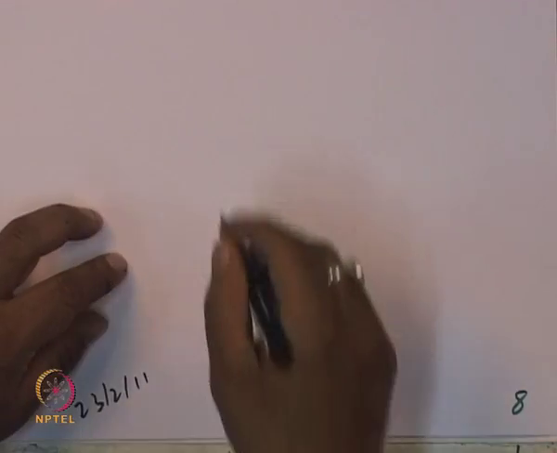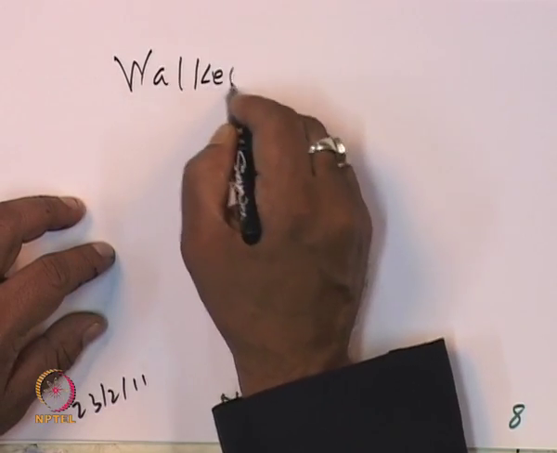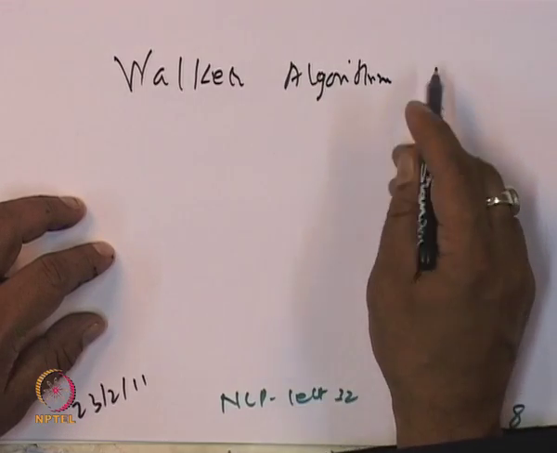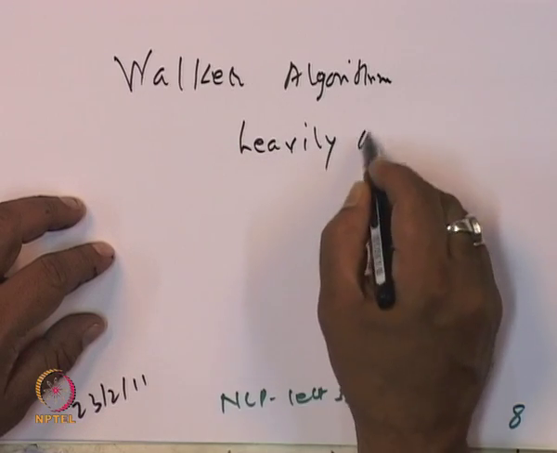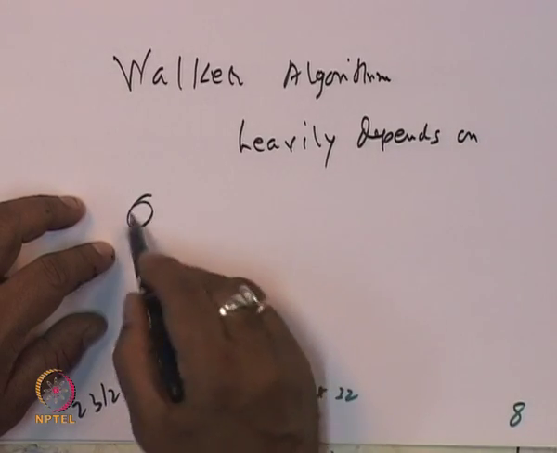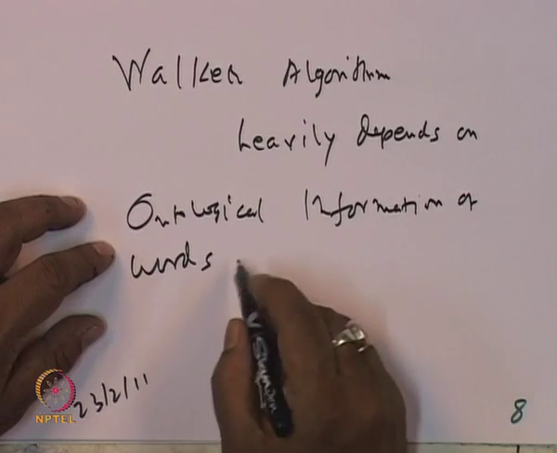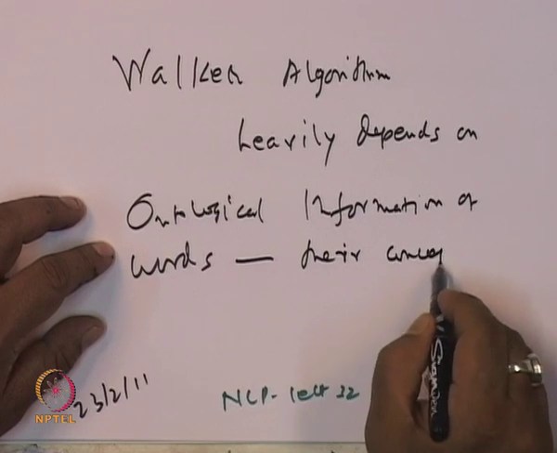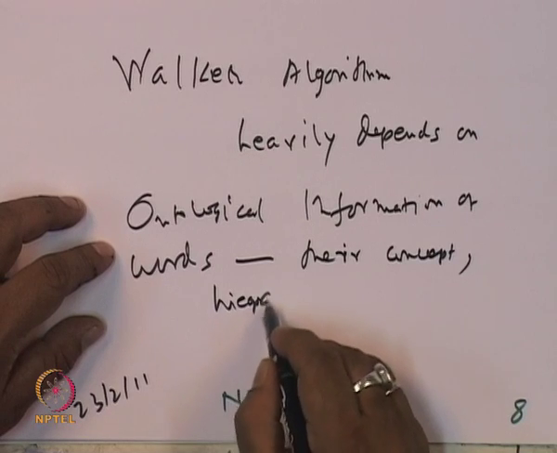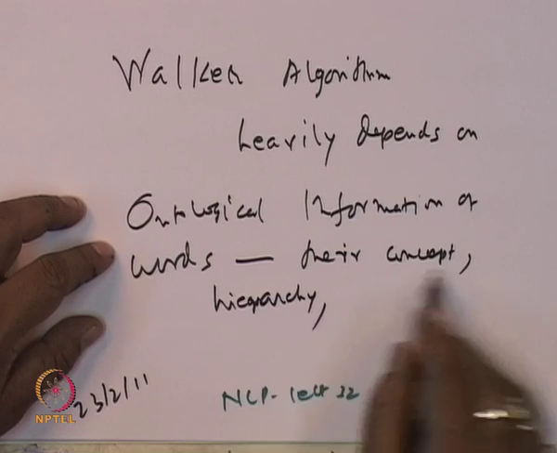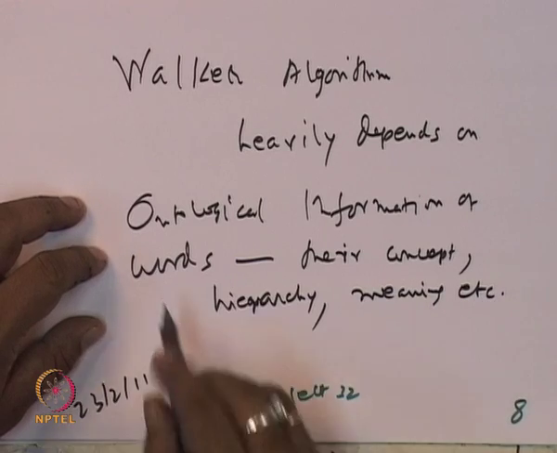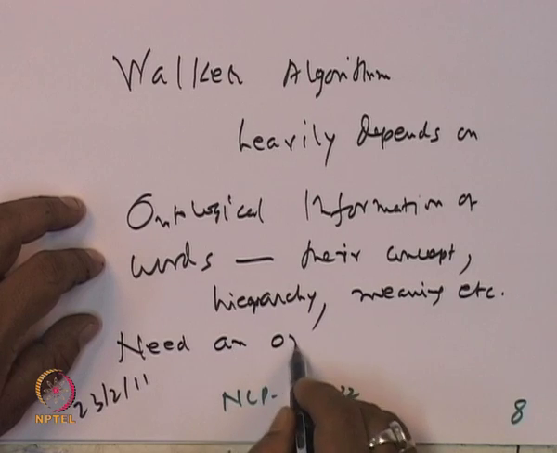So, I would like to write it down and say the following, that Walker's algorithm heavily depends on ontological information of words, their concept hierarchy, meaning, etc. So, need an ontology.